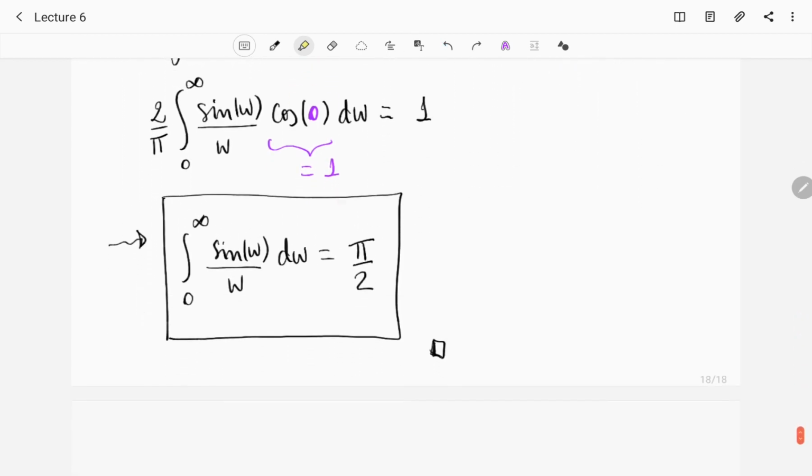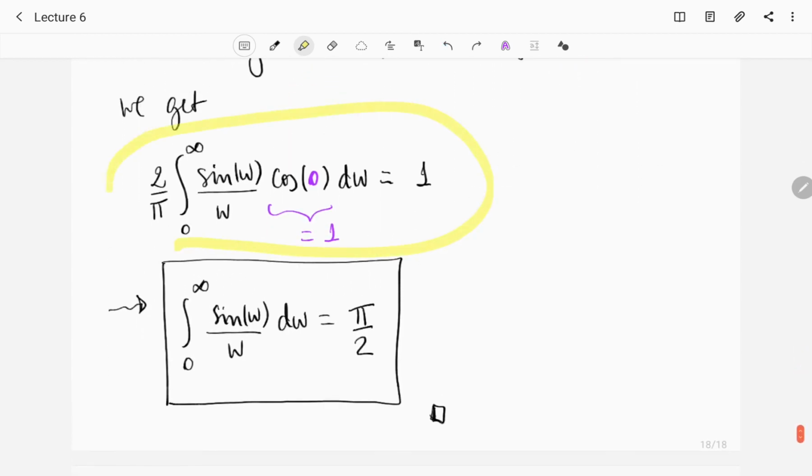So what we have is this identity here, which means exactly that this improper integral from 0 to infinity of sine of omega over omega takes the value pi over 2.